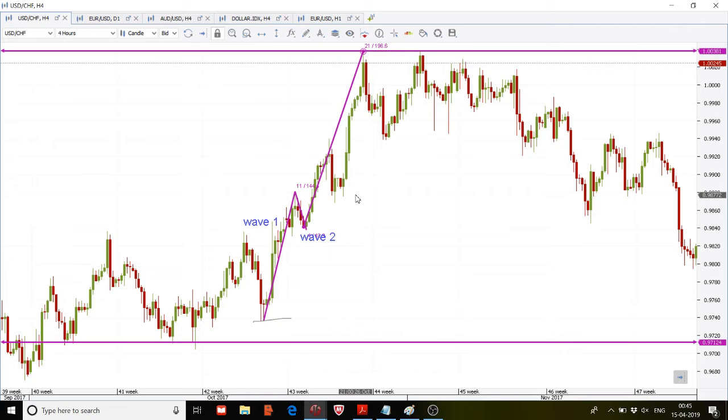So here you can see, you have got a little correction here also. But as you can see, wave 3 can itself consist of 3, 9, 11 internal waves. So you can term it as a wave 3 because it satisfies our second guideline that wave 3 should be longest in the series.